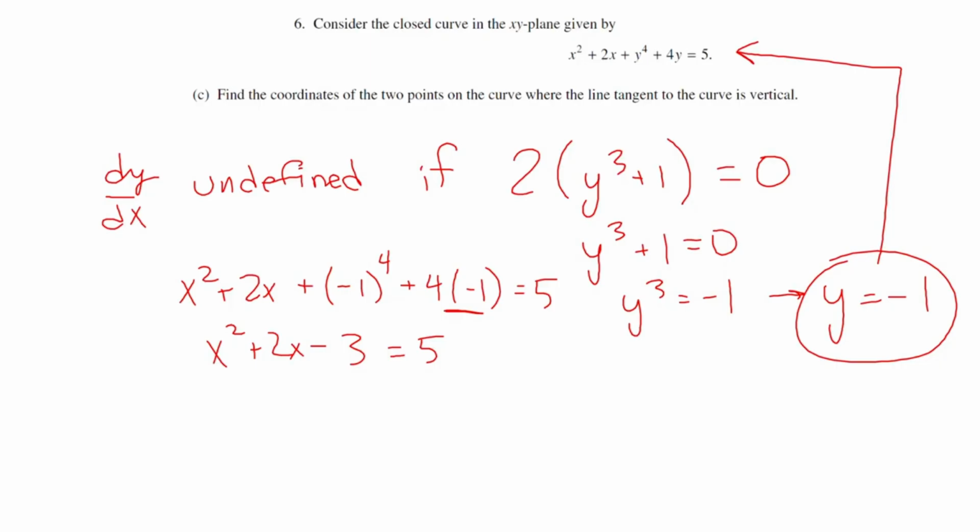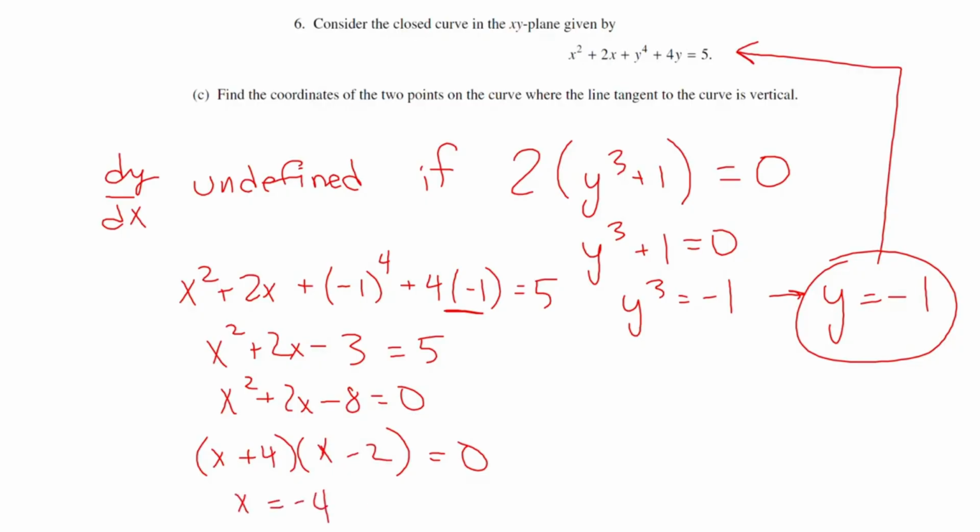And then we can just subtract the 5 over: x squared plus 2x minus 8 equals 0. Factor and solve. And we get x plus 4 and x minus 2, giving us x equals -4 and x equals 2. So we can be pretty certain that the 2 points are (-4, -1) and (2, -1).